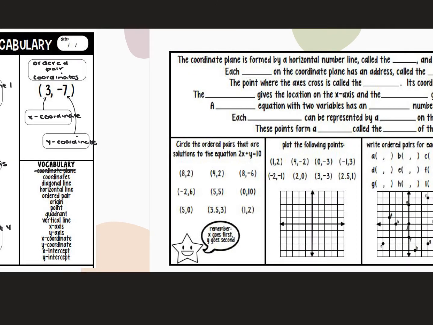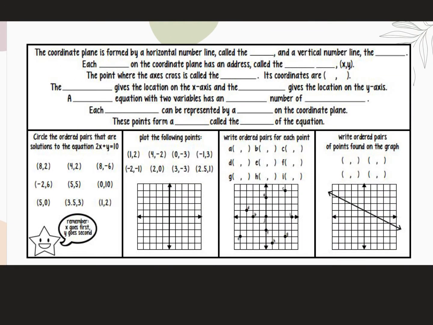Continuing on with the vocabulary. All right. So the coordinate plane is formed by a horizontal number line called the x-axis. And sorry that these blinks are so small. And a vertical line called the y-axis. Each point on the coordinate plane has an address called the ordered pair.